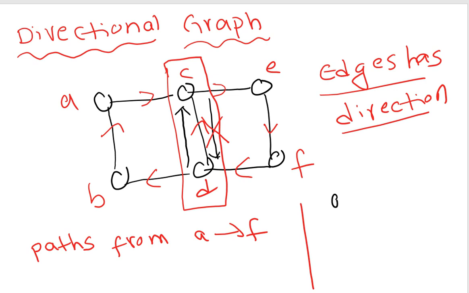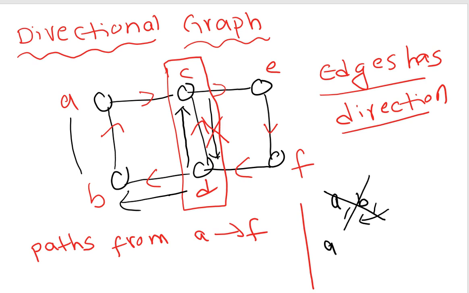First I start from A and go to B, then I go to D. Is it possible to go to D? No, because the arrow points this way, so you cannot go to D. So again you need to go back. So this path is wrong.